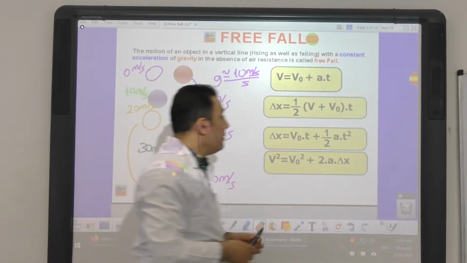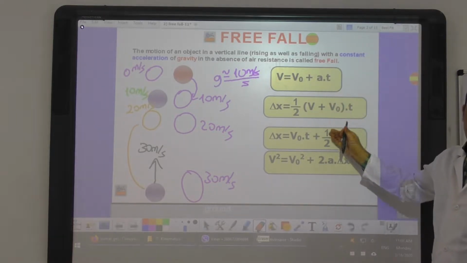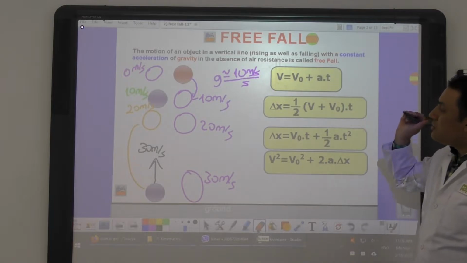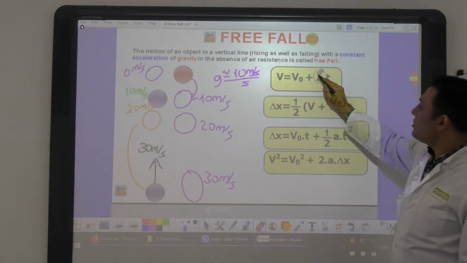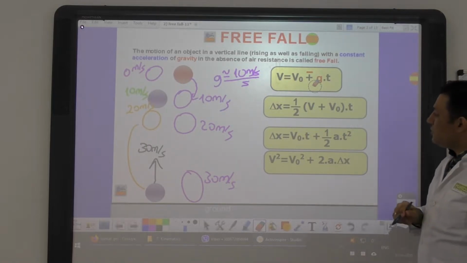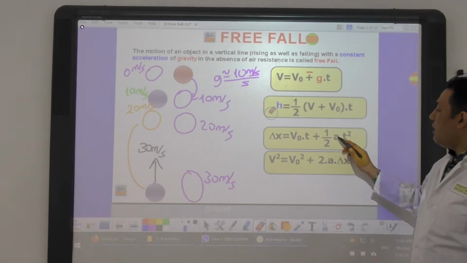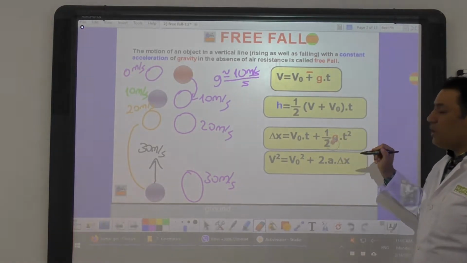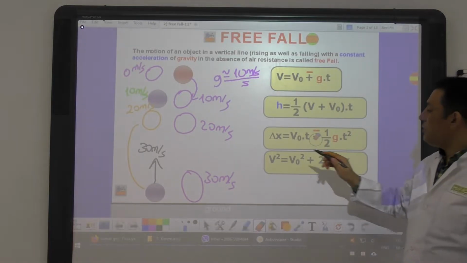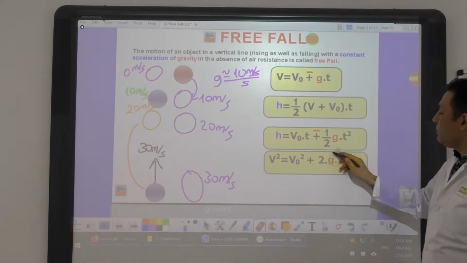And here you see the four basic formulas of accelerated motion that we studied in previous lessons. In these formulas, we are going to replace acceleration a with the gravitational acceleration g, and in the third formula a is replaced by g, with plus and minus signs added.